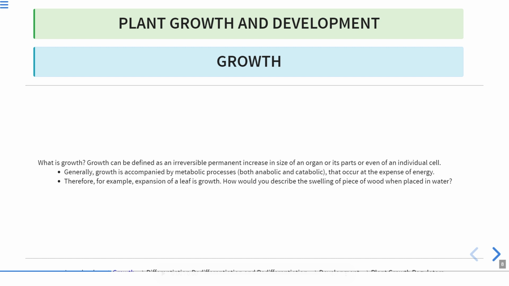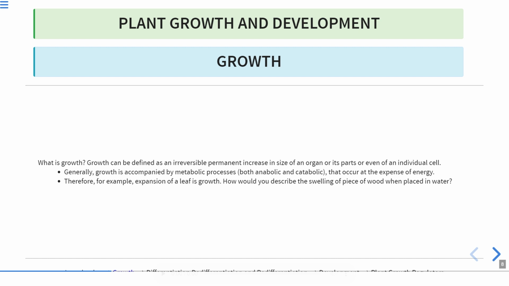Now, how would you describe the swelling of a piece of wood when placed in water? When you place it in water, the wood swells up, so you can say that it is growth.